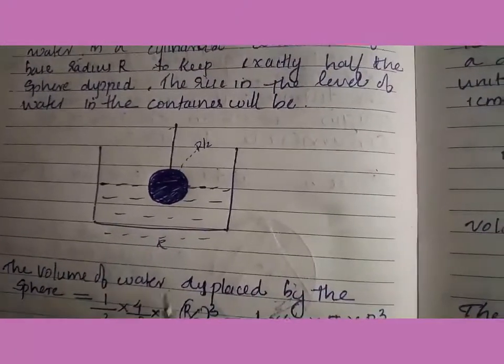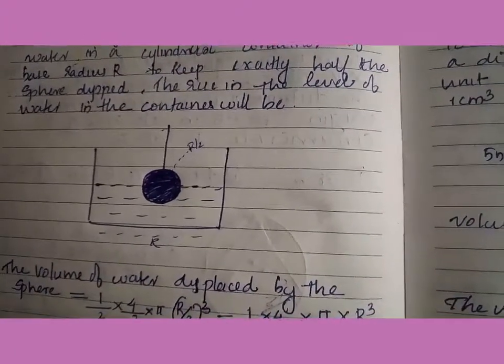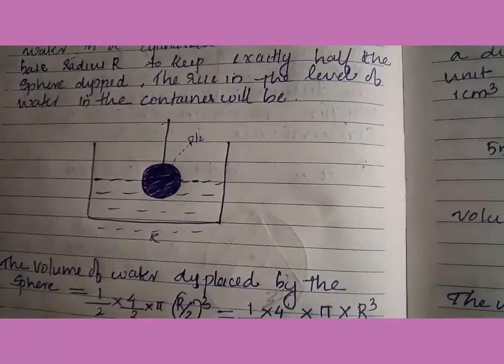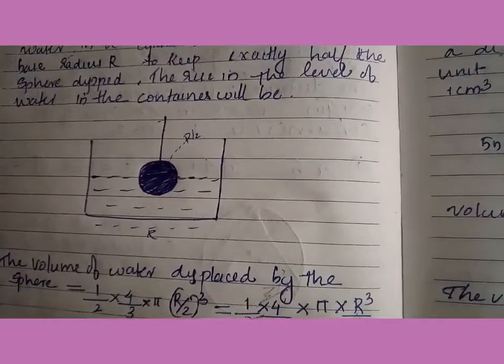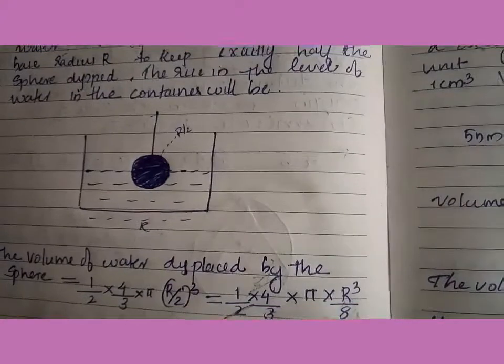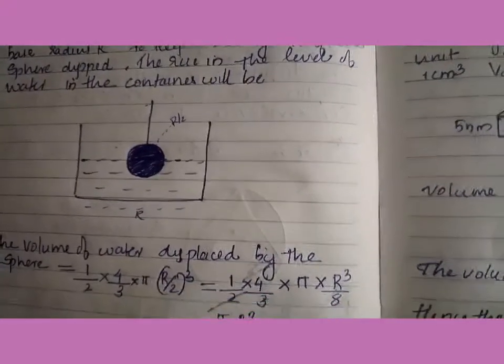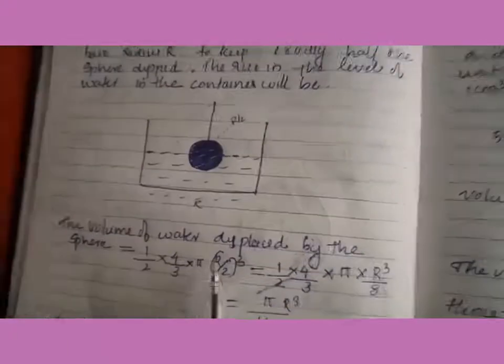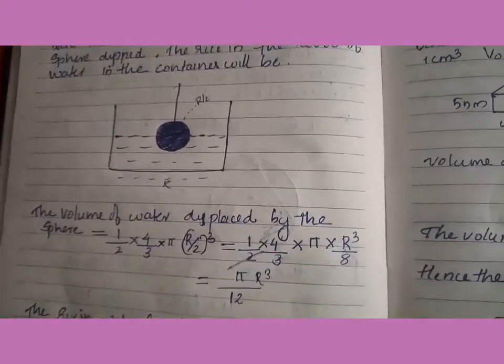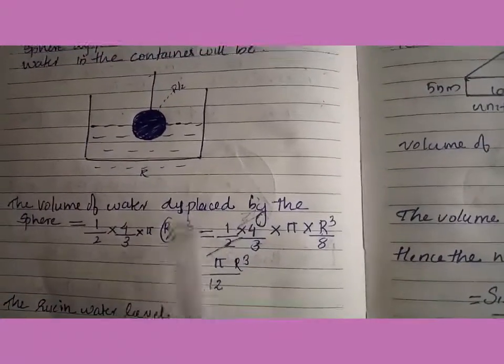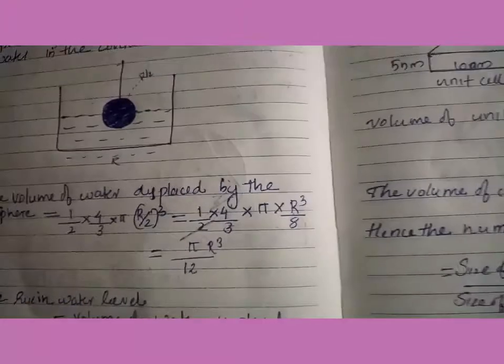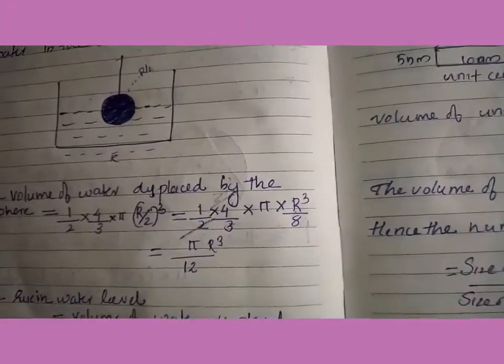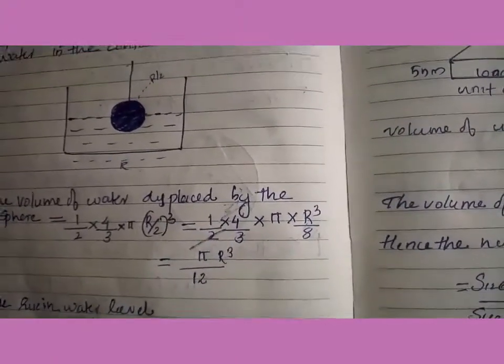So we know that the water will be replaced by the dipped volume of the sphere. The volume of water displaced by the sphere is half of the volume of the sphere. The volume of the sphere with radius r by 2 is 4 by 3 pi r by 2 whole cube.